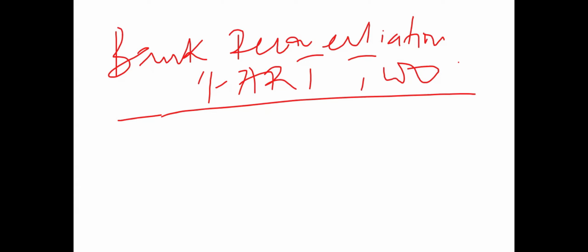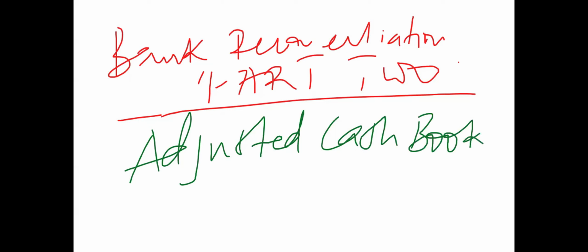So first of all, we have to look at the format of this adjusted cash book, and then we shall also look at the one for the bank reconciliation statement. And then maybe, if time allows, we'll take a practical question to see how we can prepare the adjusted cash book.